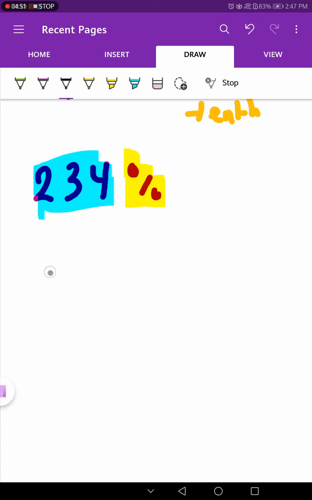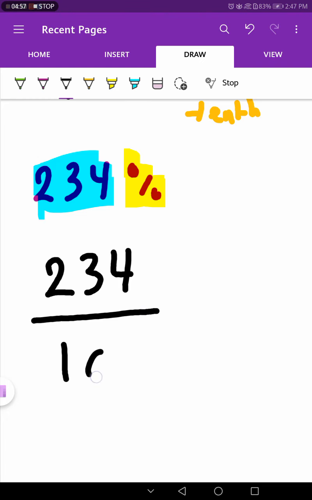So we write 234 over 100. If I divide any number by 10, by 100, by 1000, I have a rule, and if you apply it, it is very easy.